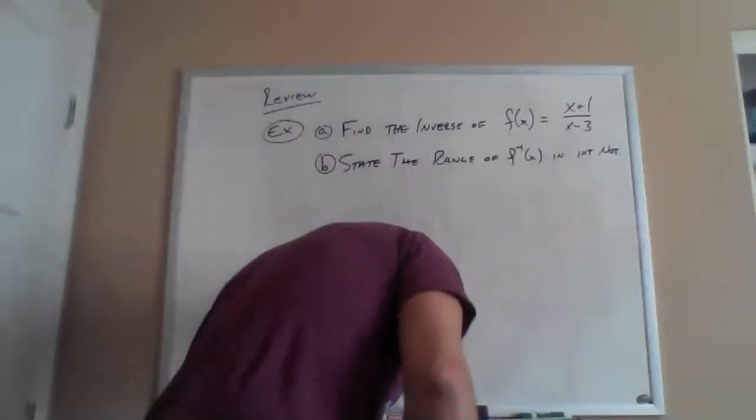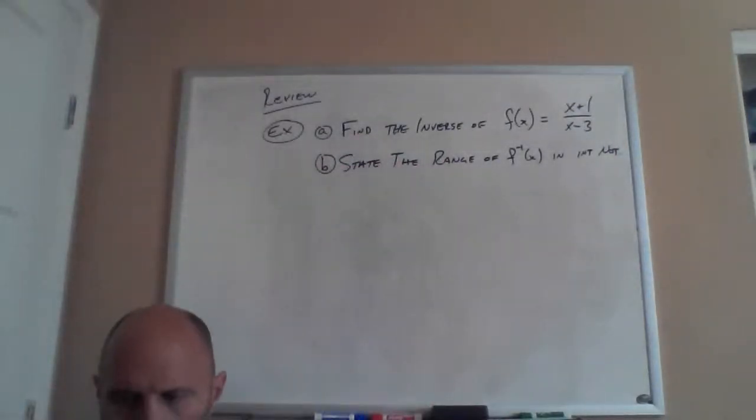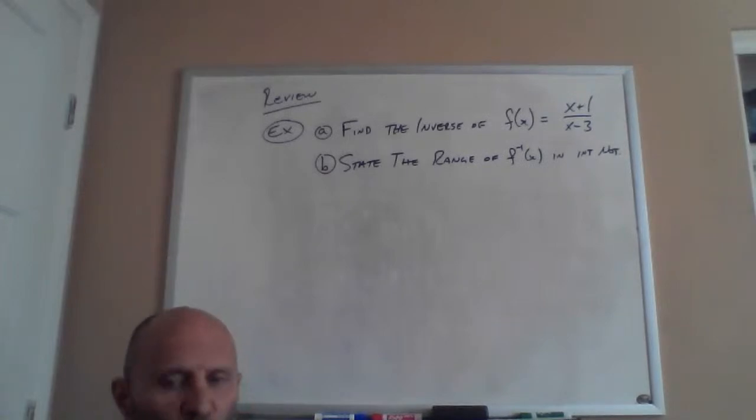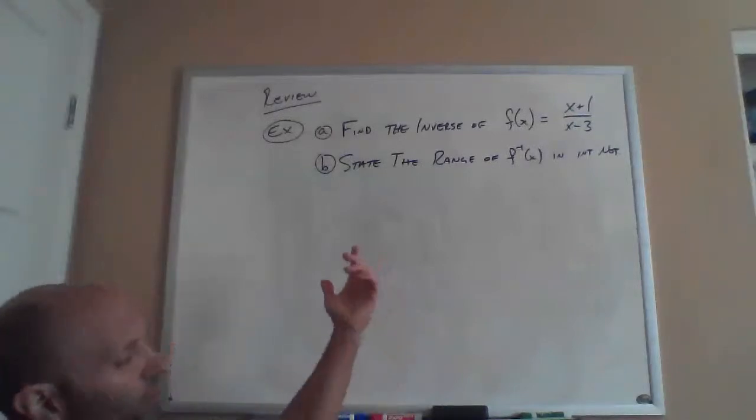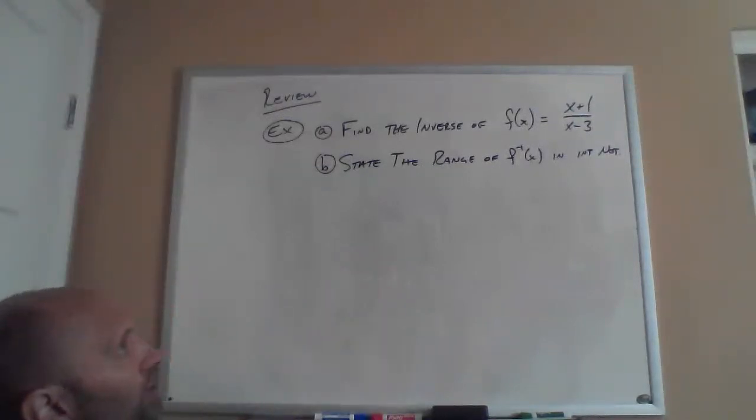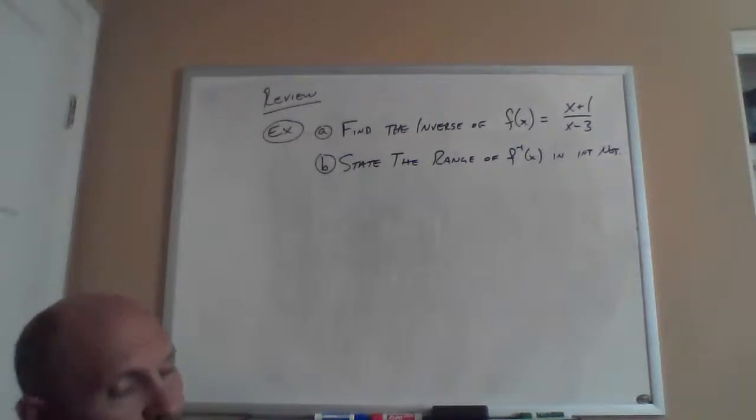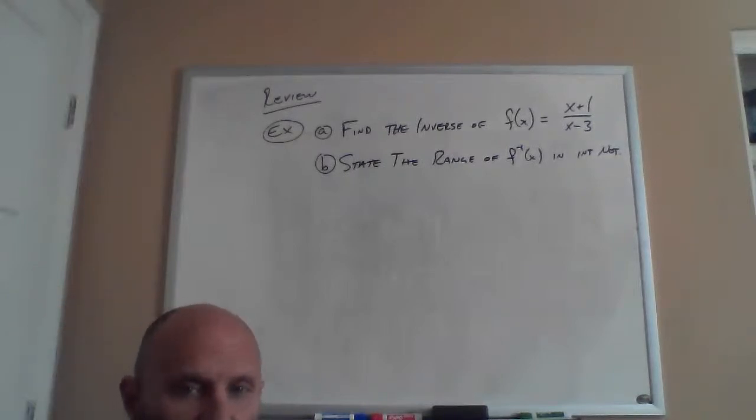So the inverse, this was section 2.7, I believe. So if you go back in your notes or back into your book, this would be 2.7. So this is what? This is a rational function. So it's like those 5 or 6 steps that I gave you guys.